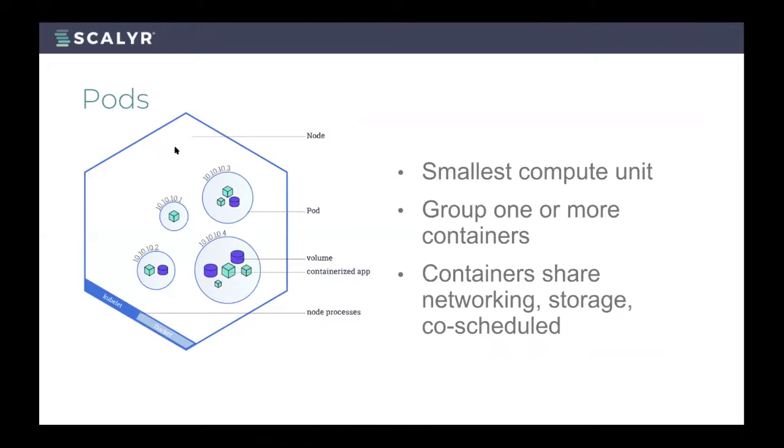So for example, this will be the Kubernetes node, where the kubelet agent will be running, and you will have Docker running, obviously, if you are using Docker as a container engine. And then you will have here your pods running. For this, for example, we have 2 containers running in the same pod.